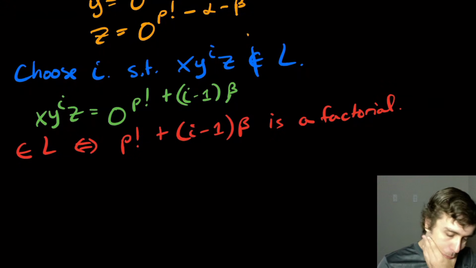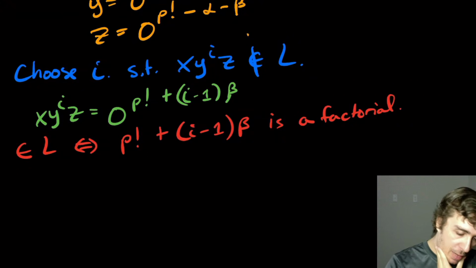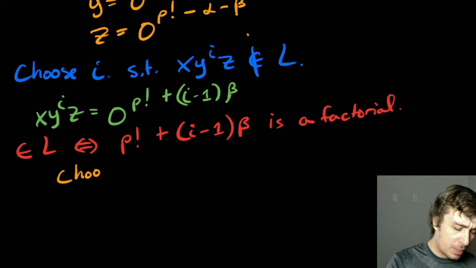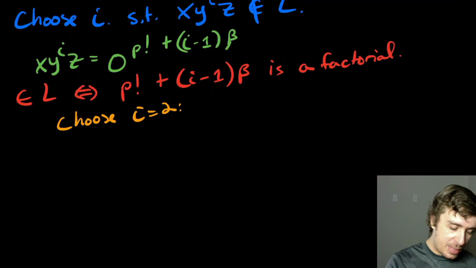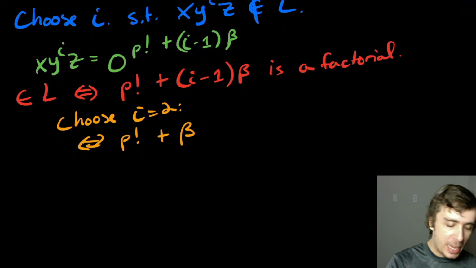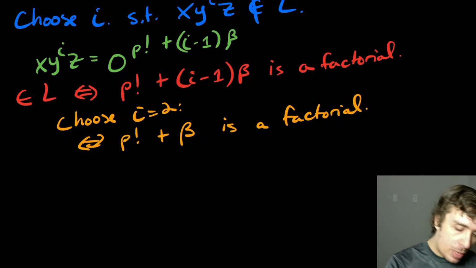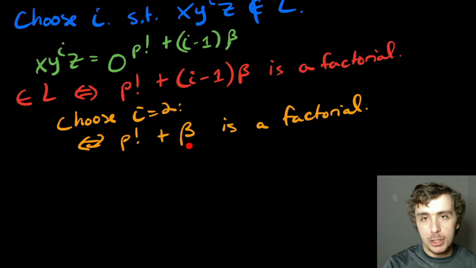Okay, well, let's see. Let's just pick i equal to 2. It'll turn out to work, but let's see. Let's choose i equal to 2. Then that's effectively saying p factorial plus a single beta is a factorial. Well, we know that beta is at least 1, so it's not equal to that factorial right there.